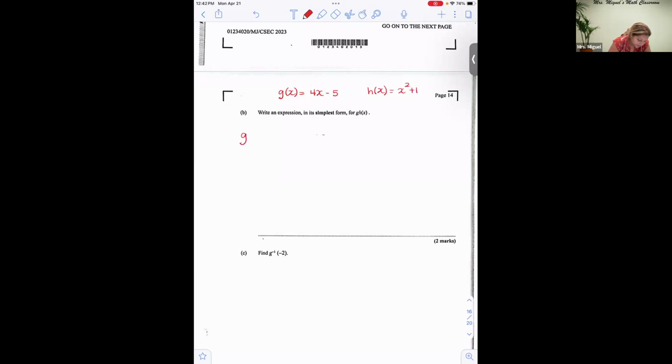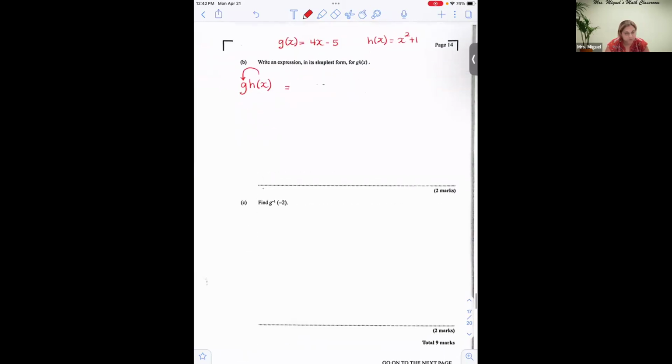So they want g of h of x: take h and replace it in g. And then find the inverse of g and g of -2. That should be 2 marks as well. So take a few minutes and work it out.